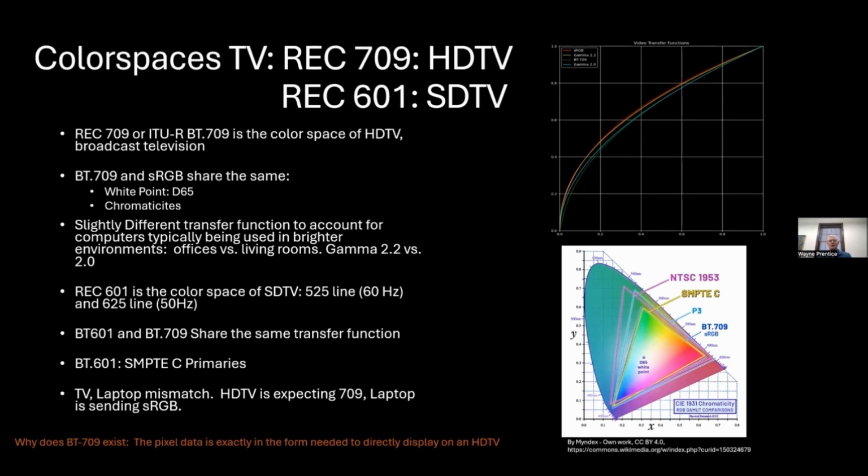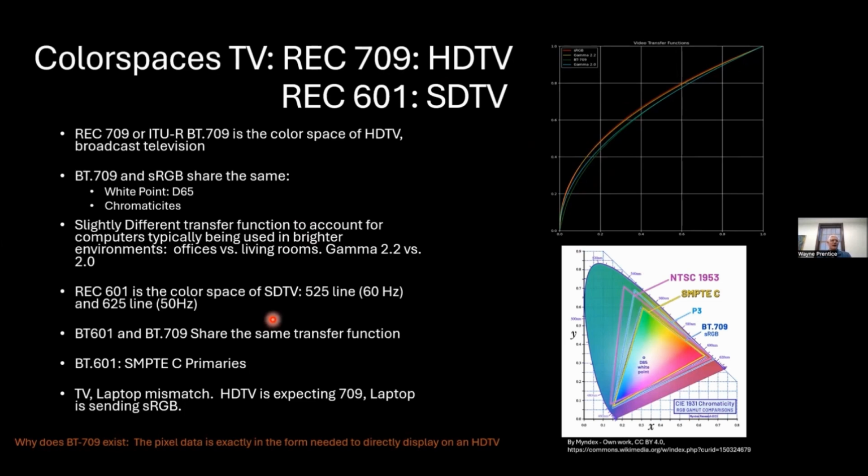The only difference between the two is the tone scale function, and 709 has a gamma of 2.0 instead of 2.2. The reason for that is computers are expected to be used in an environment where the light levels are relatively higher. TVs are typically used in living rooms where the light levels are lower. Because of that, it uses a slightly less bright, slightly less contrasty display.